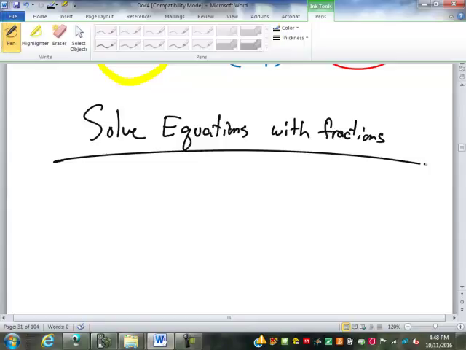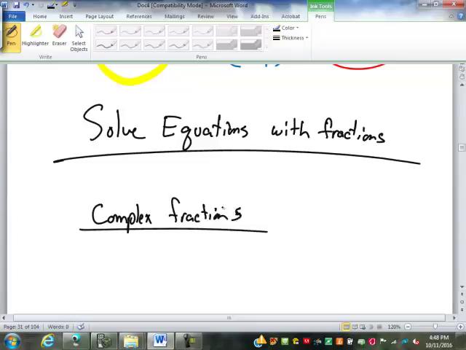And then, like we had for our problems at the beginning of the first hour, solving complex fractions. So it might be order of operations with fractions, or it might be that double fraction, the fractions within a fraction that we did at the beginning of the class.